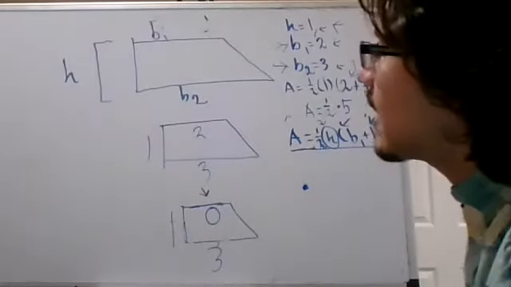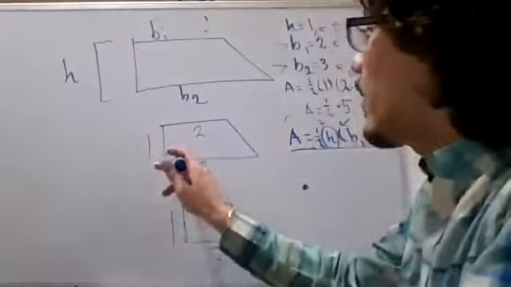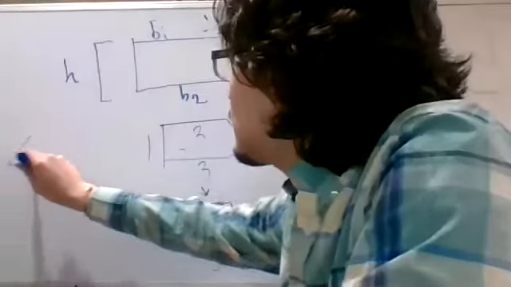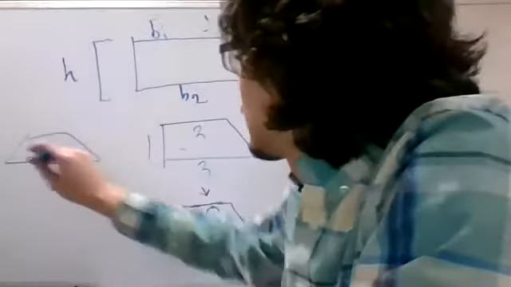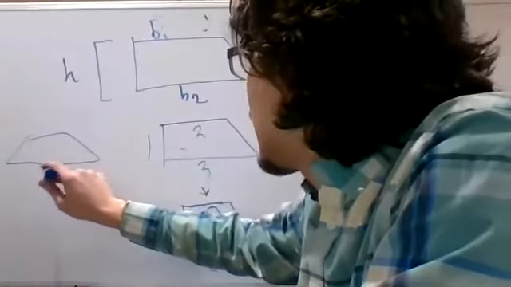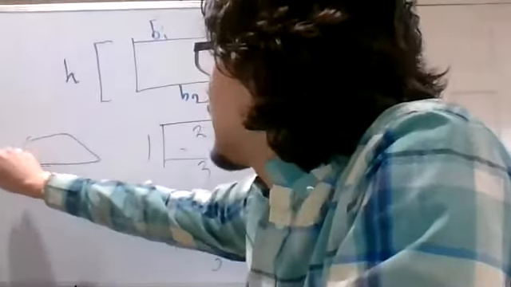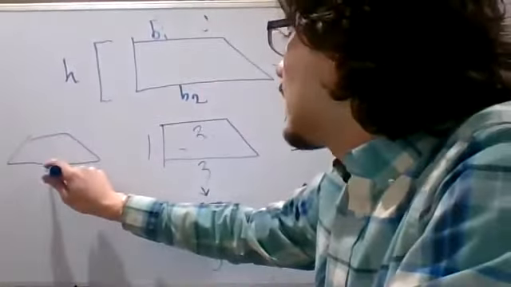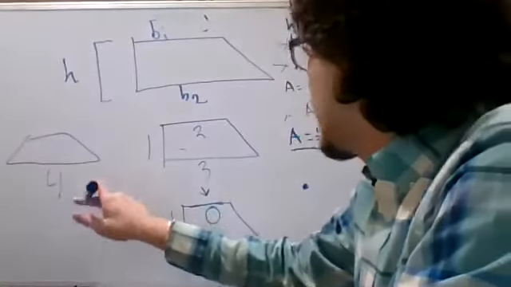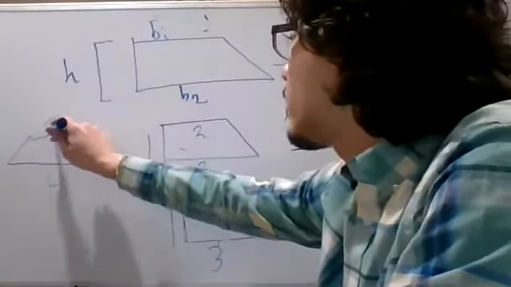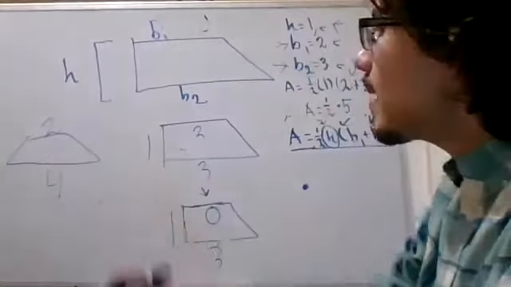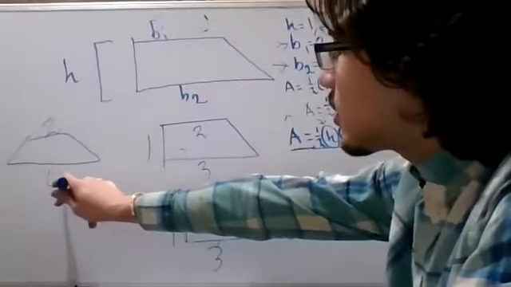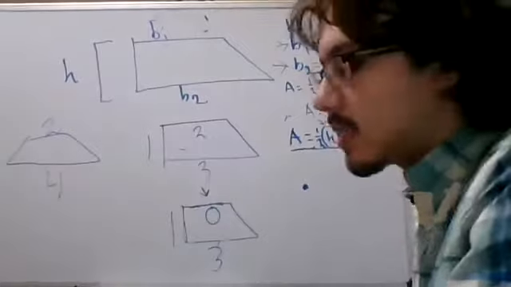It would just change the area. So like how we have this, we could make it like this. So the height is still 1, the new base 2 is 4, and the original base 1 stays at 2. Even though we changed base 2, it didn't change what base 1 was.